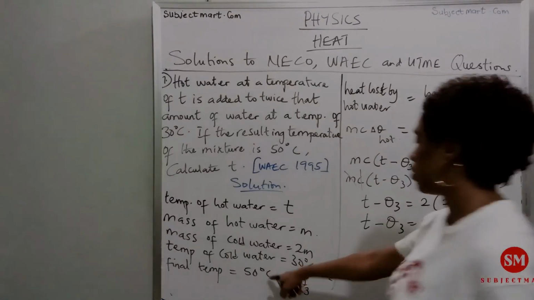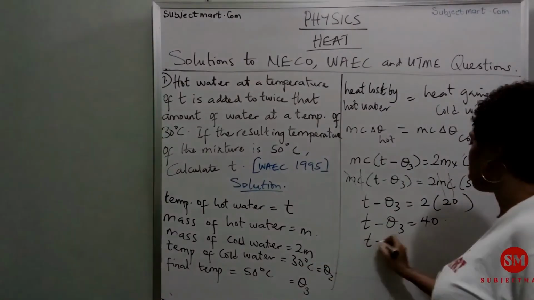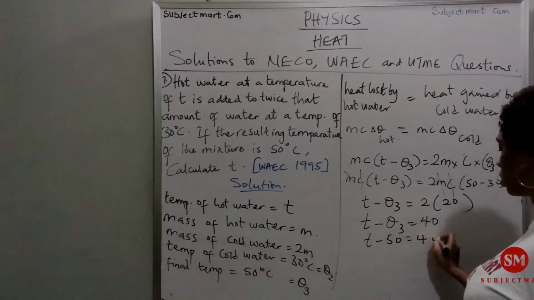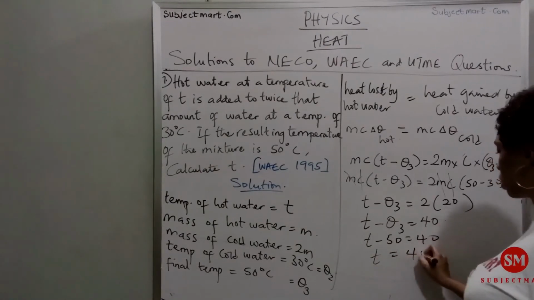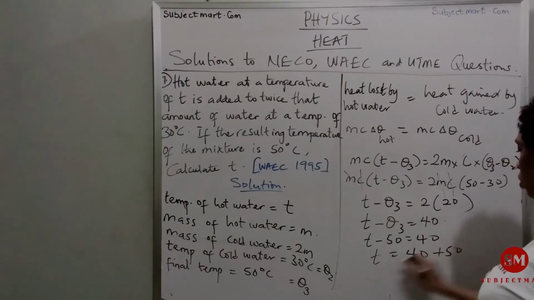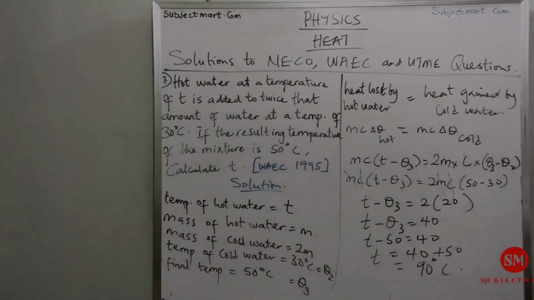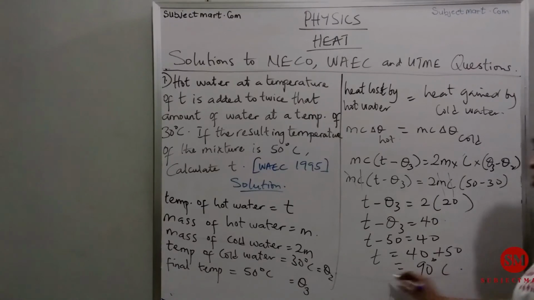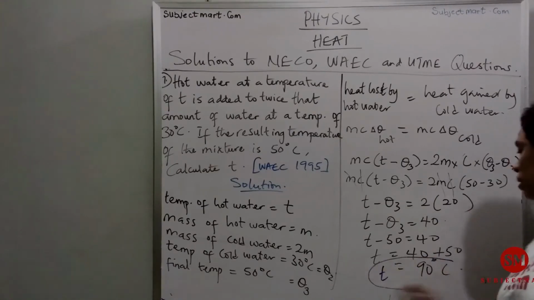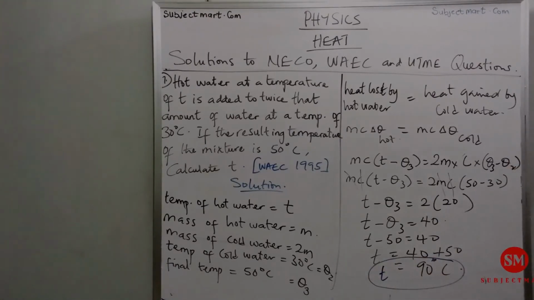And I know my theta 3 to be 50. So I have T minus 50 is equal to 40. So T is equal to 40 plus 50, which equals 90 degrees C. So our T here is equal to 90 degrees C.